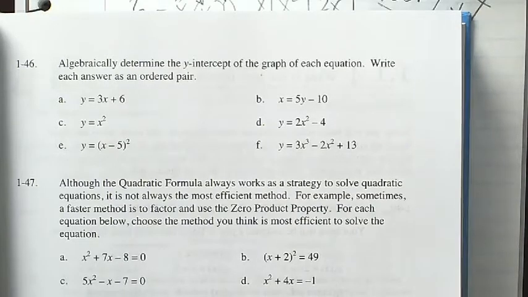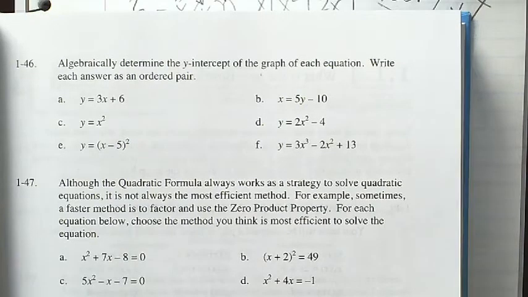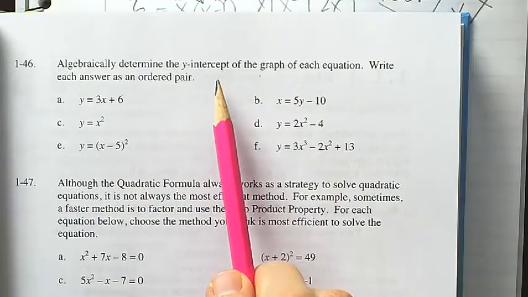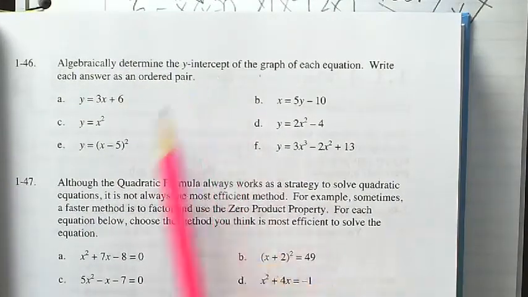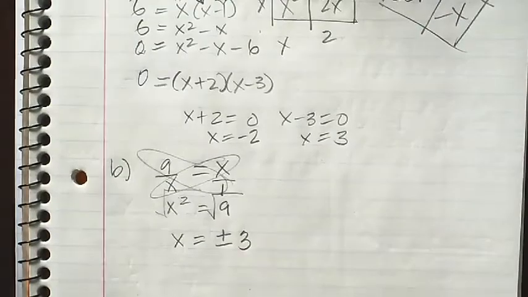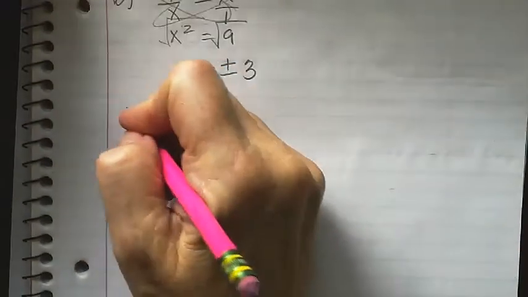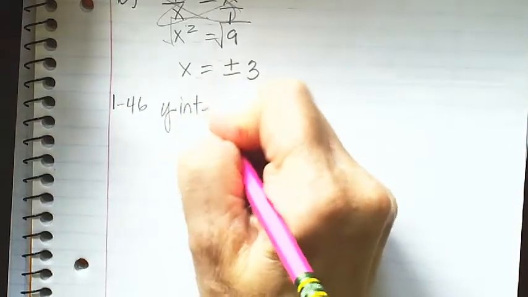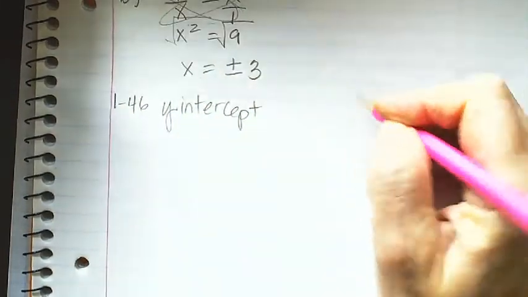So I think solving these would be relatively easy, but do you know how to solve them? If you're finding the y-intercept, what would you substitute for x or y? So let's just write how you would do these. So 146, to find the y-intercept, think about where the y-intercept is.